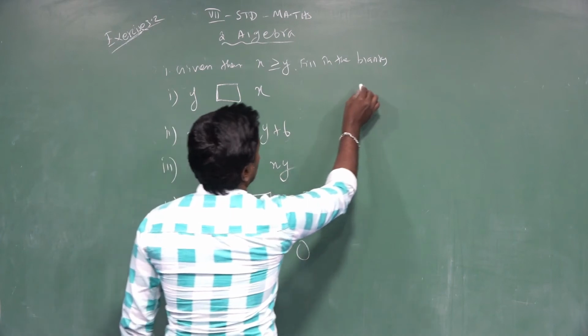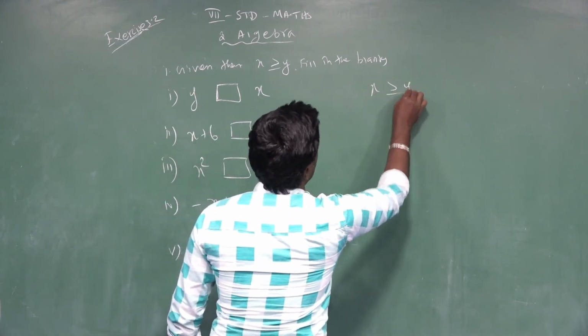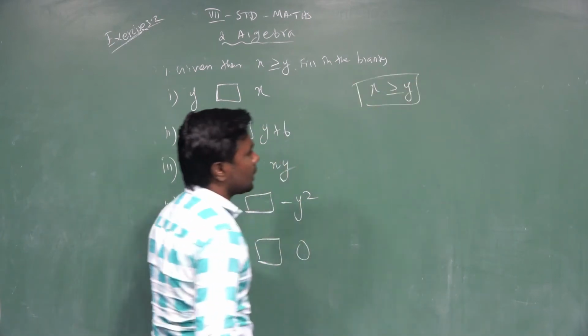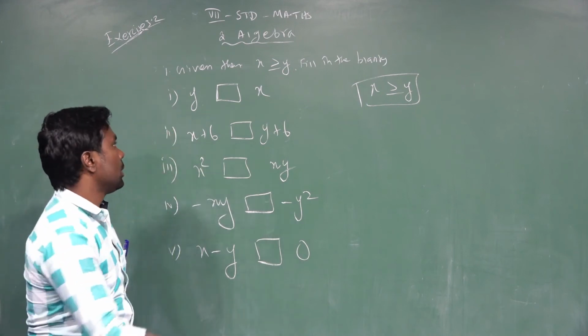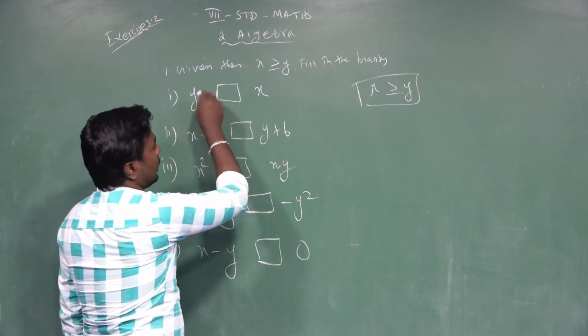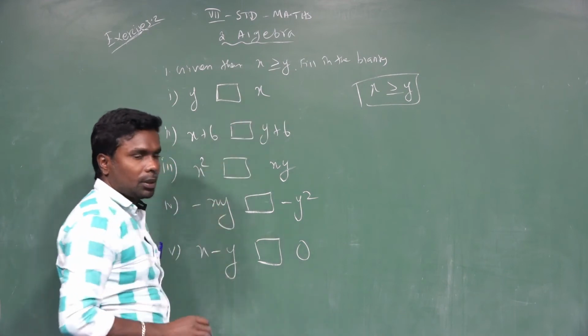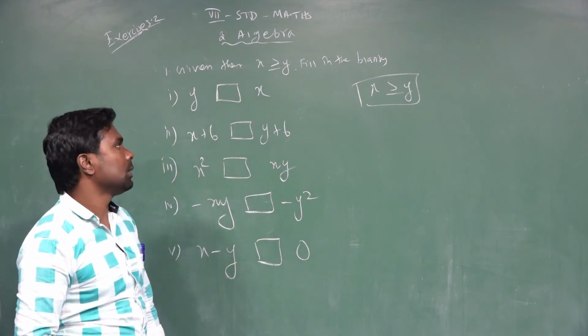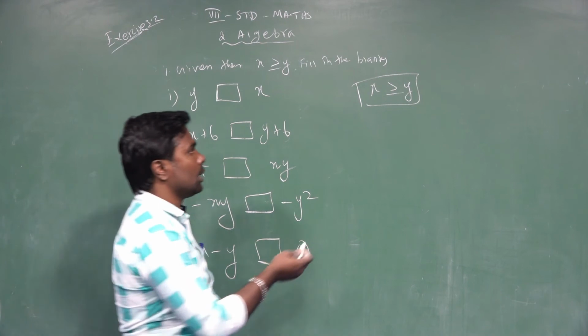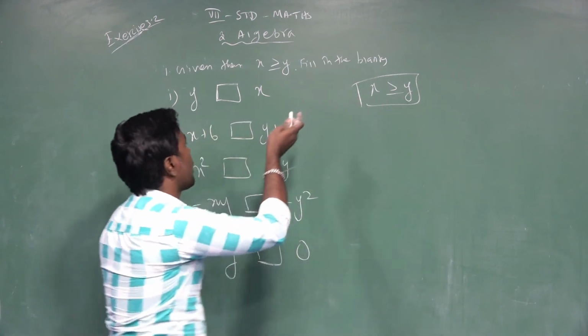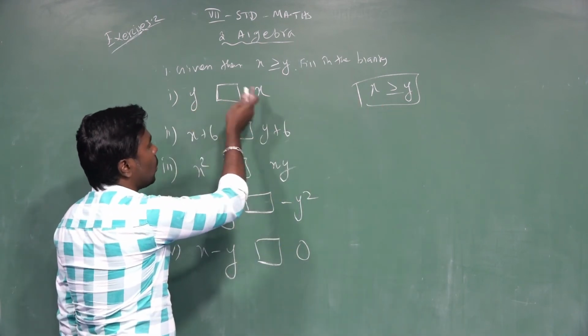See, given that x is greater than or equal to y. The first one, interchange the x and y. Here they gave x and y. It's interchanged to y and x.